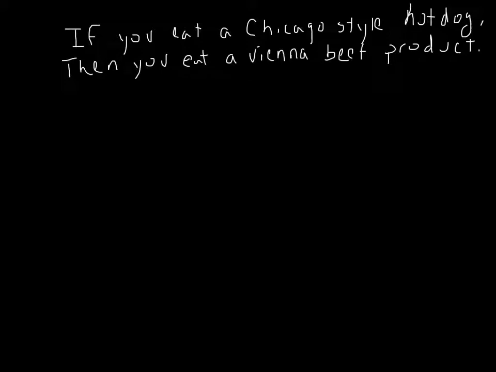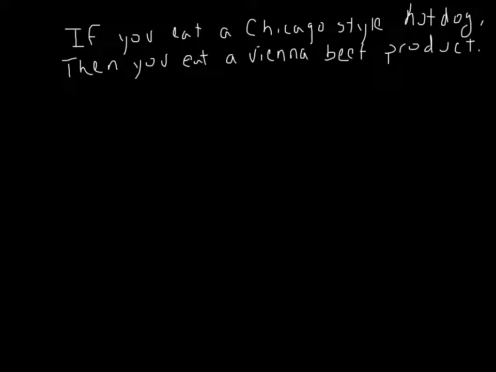It says, if you eat a Chicago-style hot dog, then you eat a Vienna beef product. Okay, and I realize it says it a little differently in the writing. It's just a typo. So if you eat a Chicago-style hot dog, then you eat a Vienna beef product.